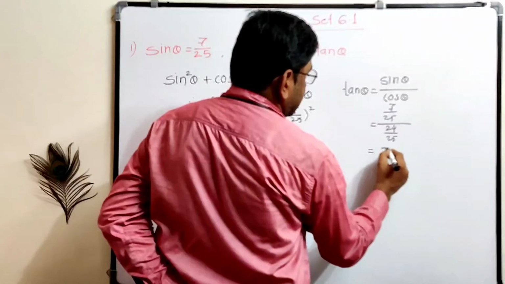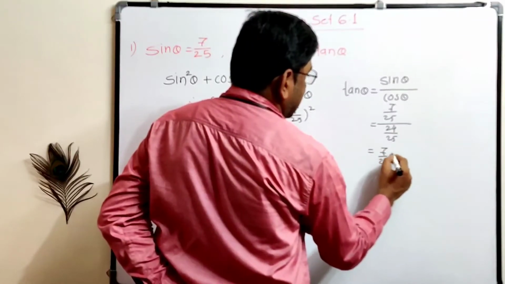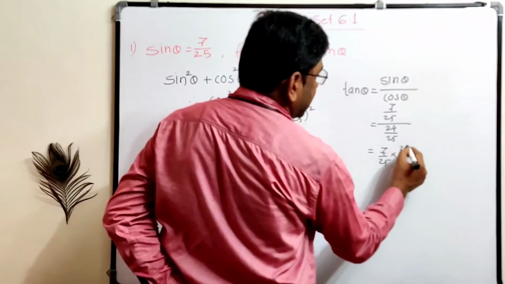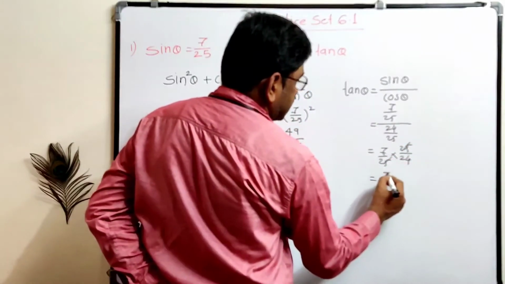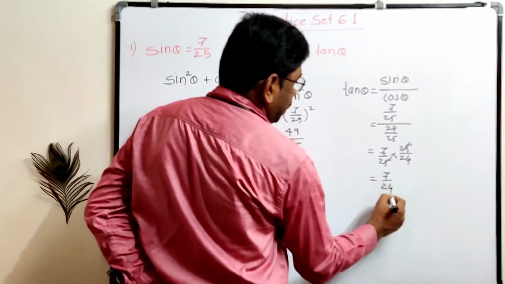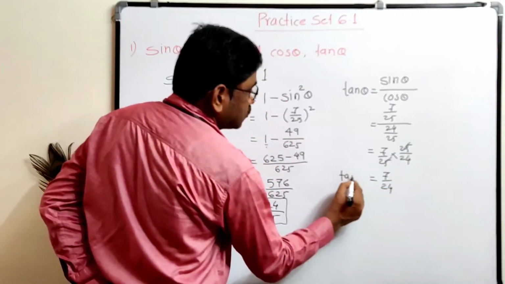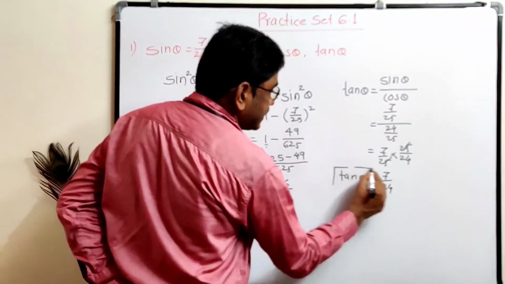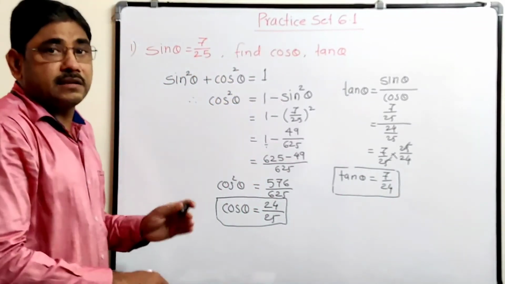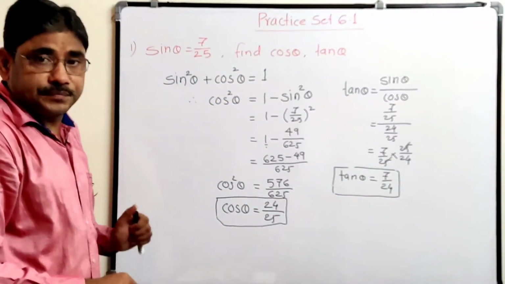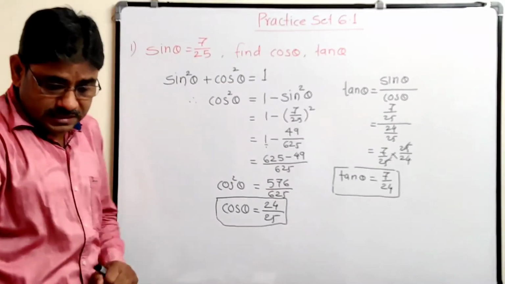So we can write 7 by 25 multiplied by the reciprocal of denominator, 25 by 24. This gets cancelled. We get 7 by 24. This is tan theta. So in this way, using identities, you can find the values in 6.1. So this is the first sum.